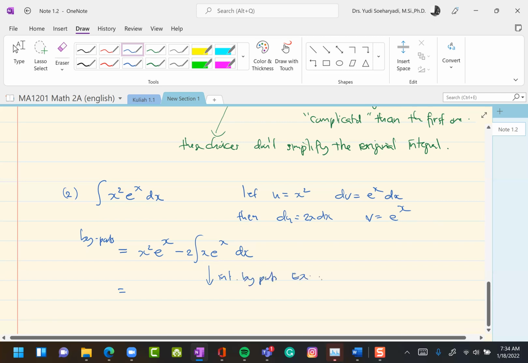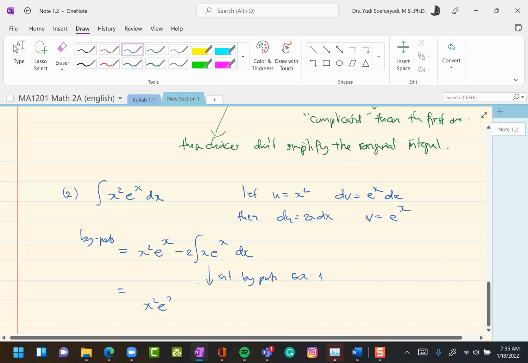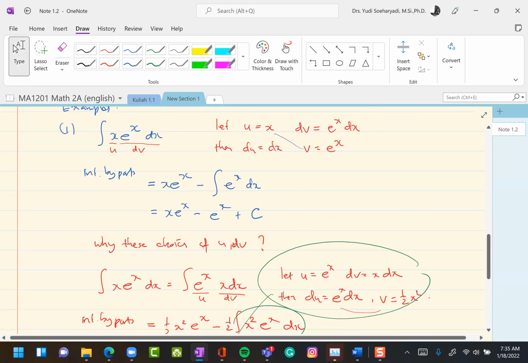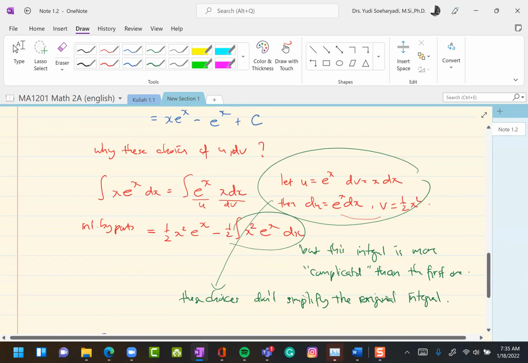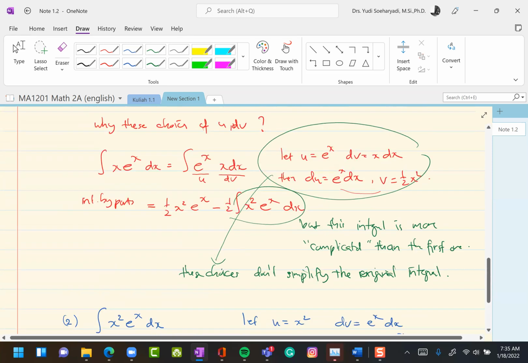Example 1, so we computed this already. So we have x squared e to the x minus 2. Let's copy what we have because we computed this here. So x e to the x minus e to the x.